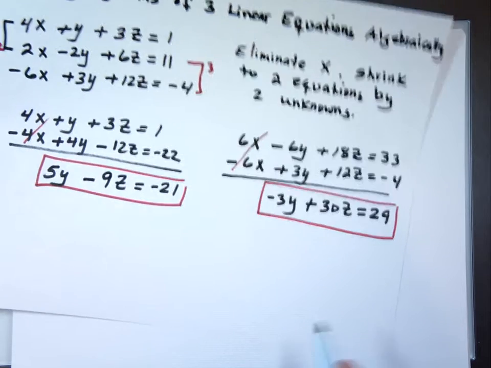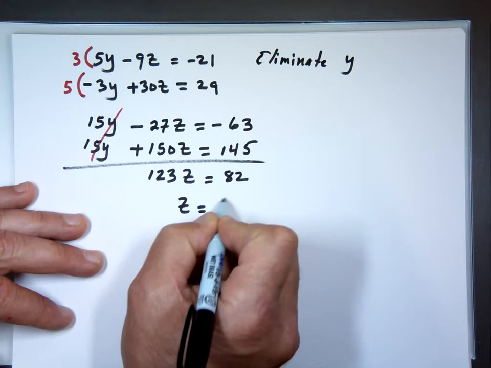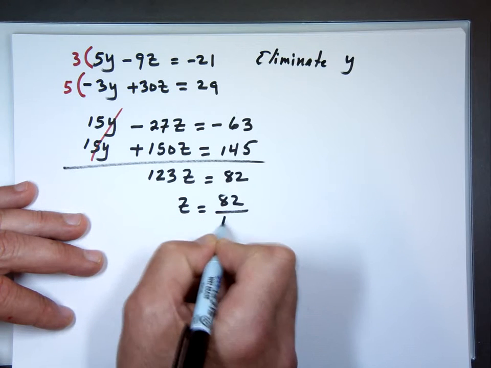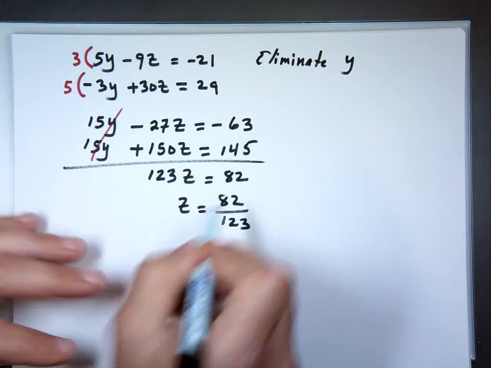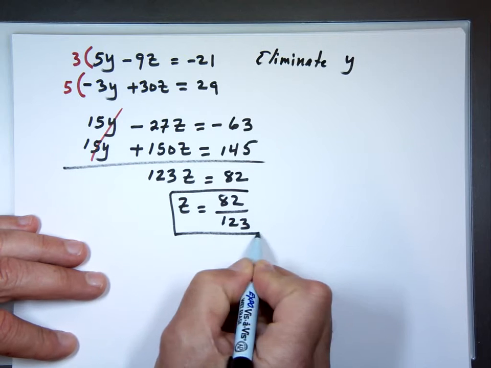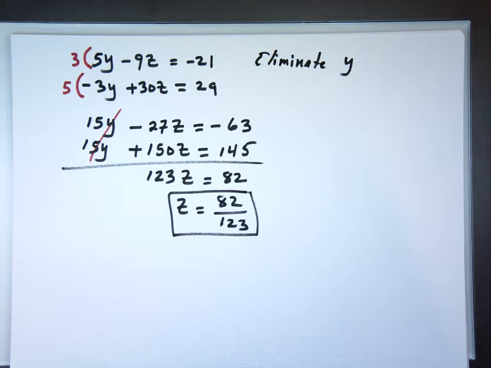It looks good, I think. So now what is z equal to? 82 over 123. I wasn't looking for numbers like these. I was hoping for whole numbers, you know. I was praying for some good numbers that didn't work out here.